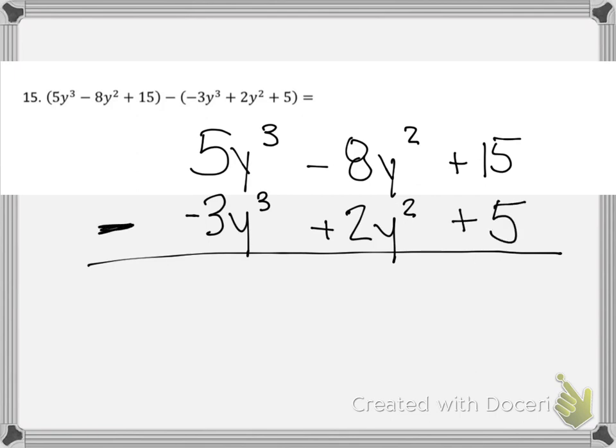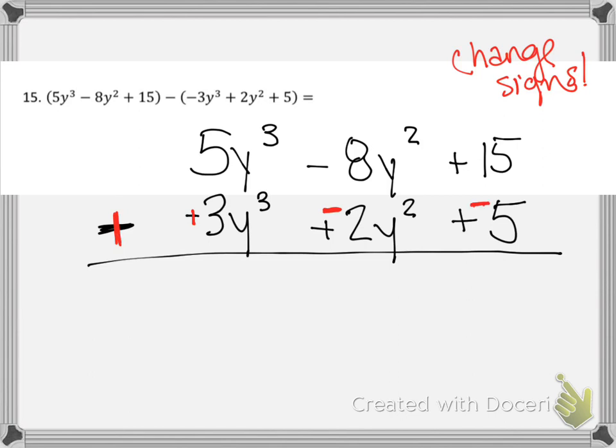And again, I'm subtracting, so I'm going to do that same exact idea where I'm going to change my signs on my second polynomial. So this is going to become an addition problem, and that'll flip this to a positive 3. My plus 2 is now a negative 2, and my plus 5 is now a negative 5.